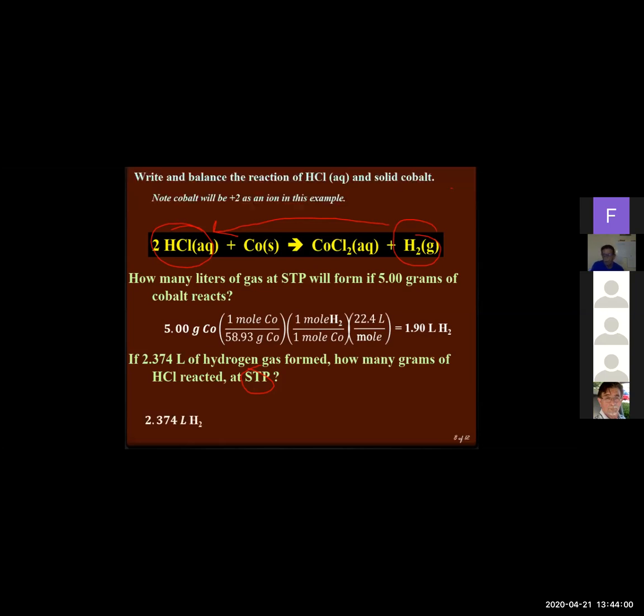We write down what we're given: 2.374 liters of hydrogen gas. Since we're at STP, we can use this relationship, 1 mole per 22.4 liters.